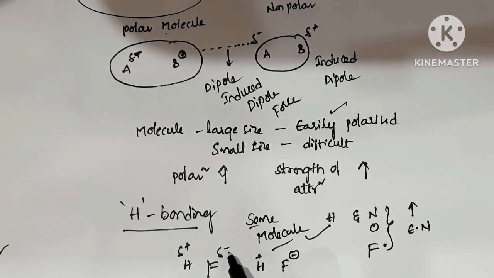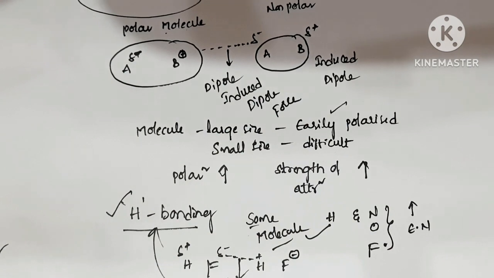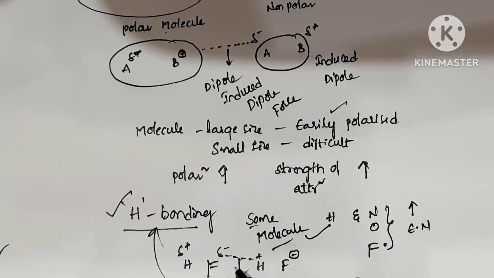So this negative pole of one molecule attracts the positive pole of another molecule. This attractive force is hydrogen bonding. I am explaining here simply, but you can check it once in my another video on hydrogen bonding. So hydrogen bonding means the negative pole of one molecule attracts the positive pole of another molecule.